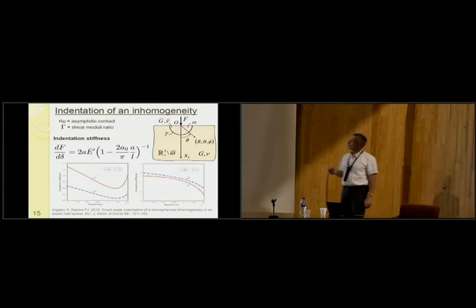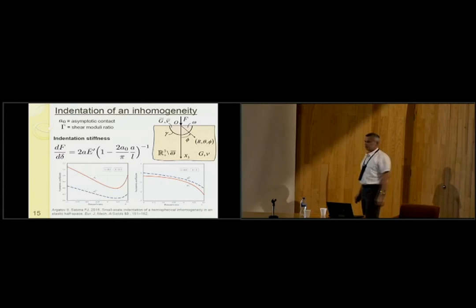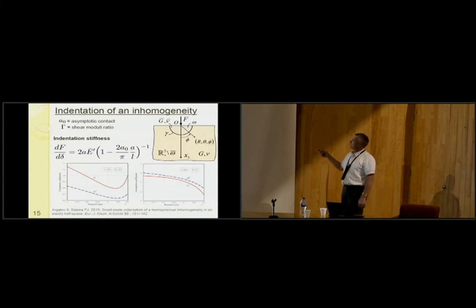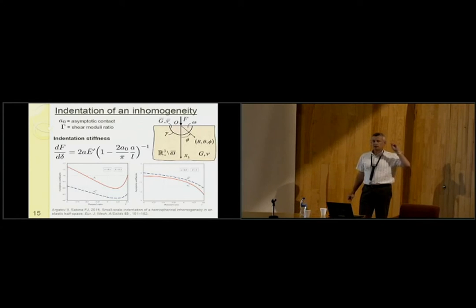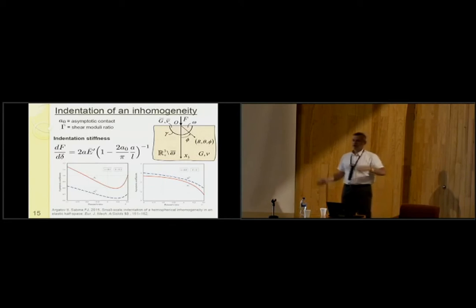So, you see that the behavior is very similar, and now we can say that when inclusion can be represented as elastic layer, we have already solved the inverse indentation problem in our previous publications.